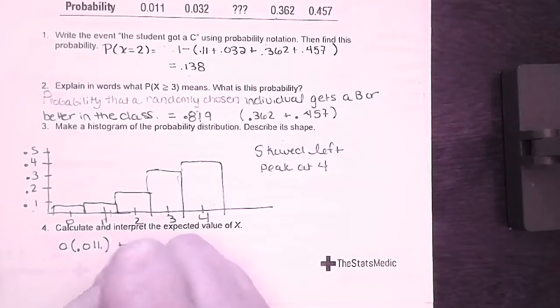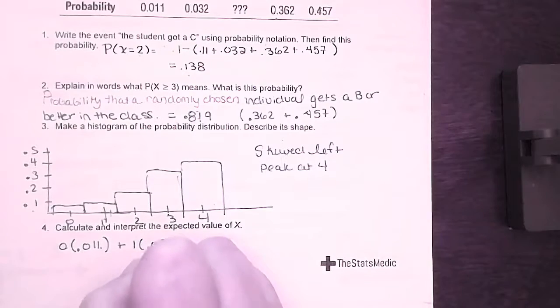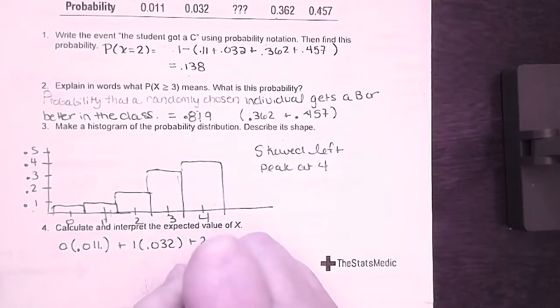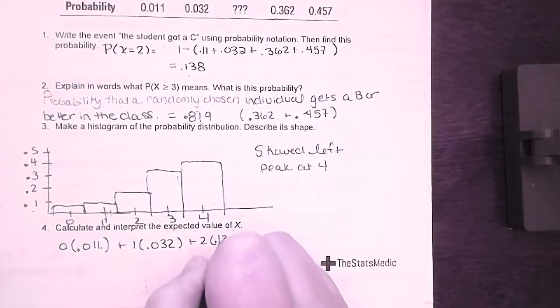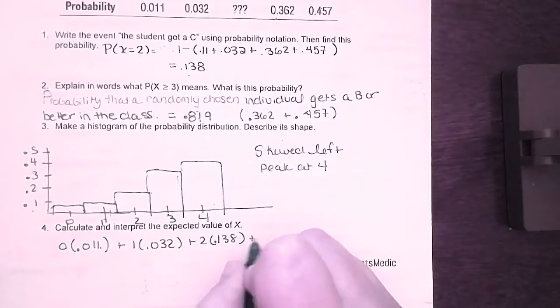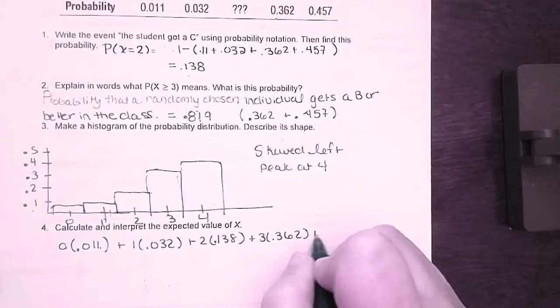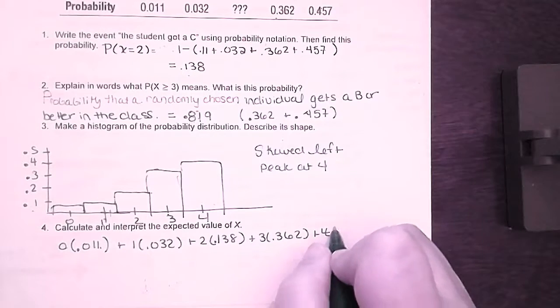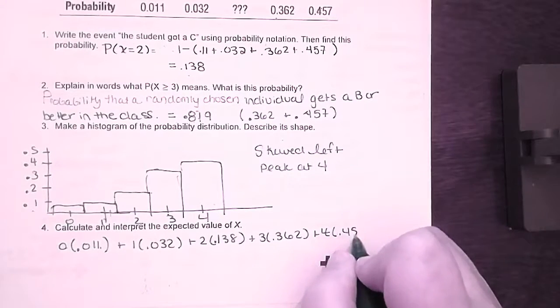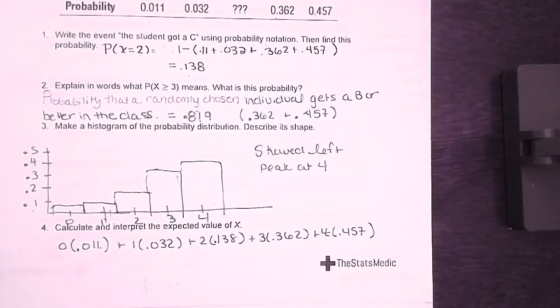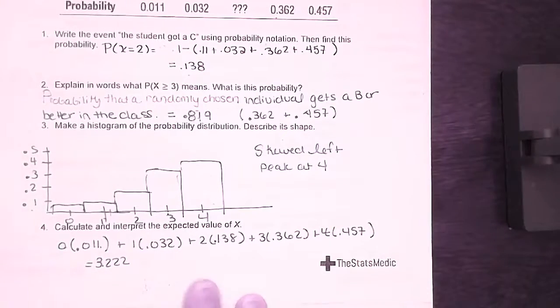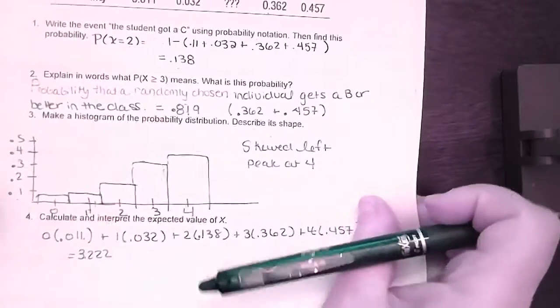So 1 times 0.032, 2 times 0.138, 3 times 0.362, and 4 times 0.457. Okay, and that gives me 3.222.